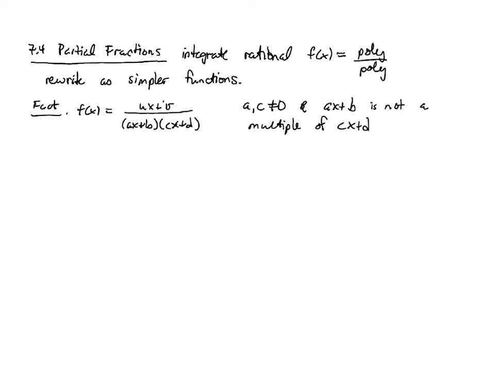And the fact is that this function can always be rewritten in the form A over ax plus b plus B over cx plus d for some numbers A and B. Okay. And then the point of this is that each of these functions, here and here, can be integrated separately.